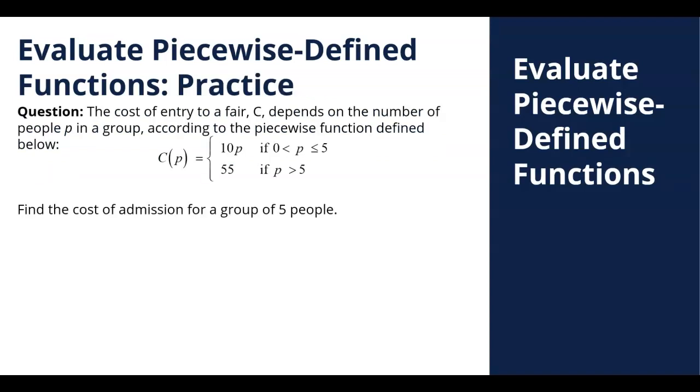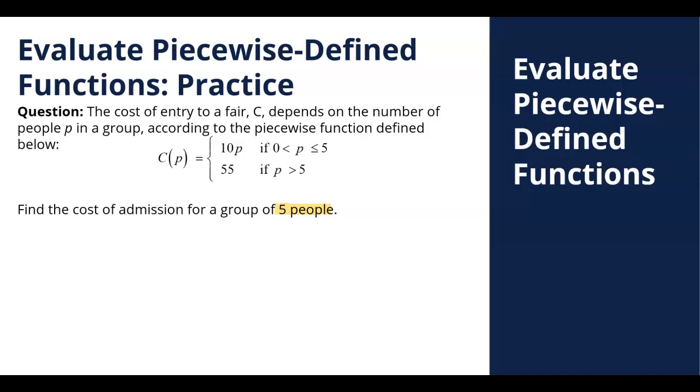For example, the cost of entry to a fair C depends on the number of people P in a group. According to the piecewise function defined here, find the cost of admission for a group of 5 people. So to answer this, we will have to consider first where we could find this 5 here in the definition of our piecewise function.